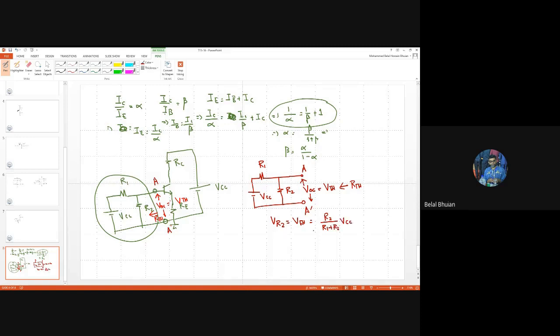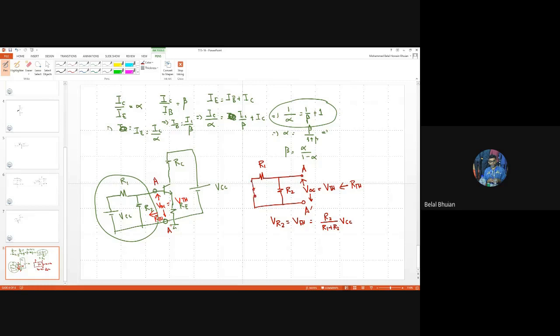That is our VTH. And then if you want to determine RTH, if I look back, what is the equivalent resistance in DC? For that, if there is any DC voltage source, we short it out.